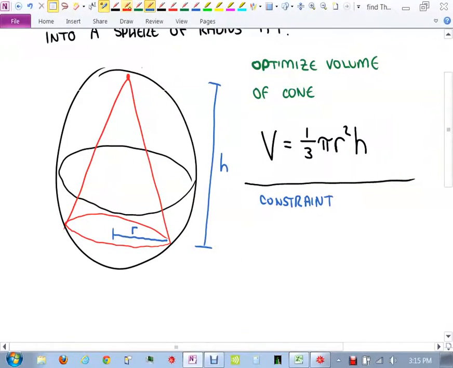But what we need here is what we've needed in every other problem we've done. We need an equation with R and H in it, don't we? Other than the volume equation, because we already have the volume equation. Anybody see this?